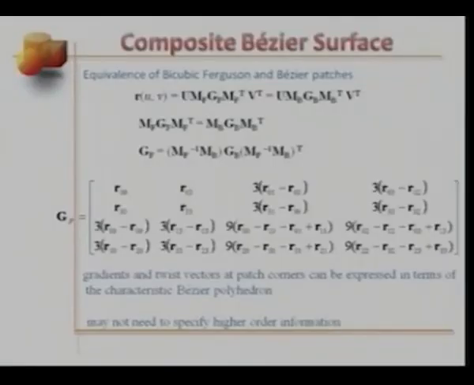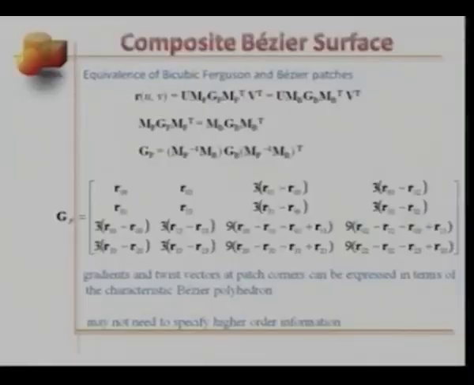That gives us one important hint as a designer. We may, after all, not need to specify higher order information. In fact, we don't need to go through unnecessary and intricate computations that we had seen in the case of composite Ferguson patches.